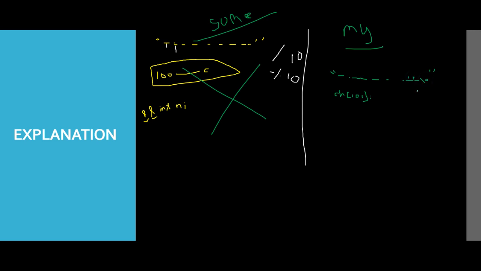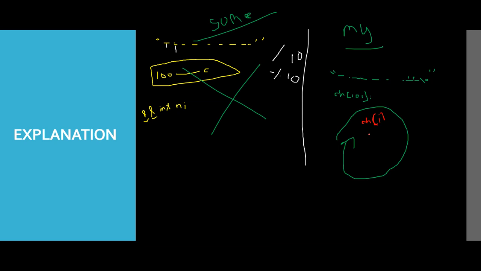What you have to do next is loop through this, and while looping, your job is to extract each character ch[i]. You have to use a square bracket here.